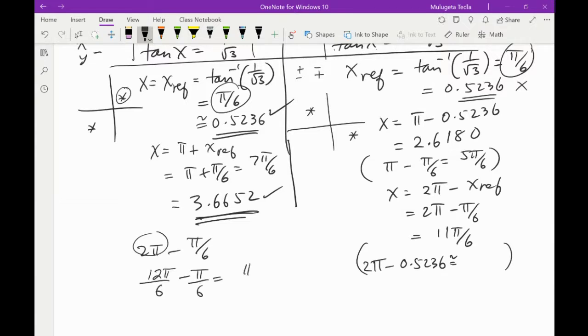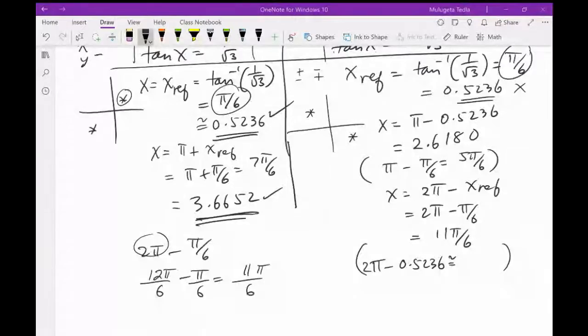So it is 11 pi over 6, or in decimals, 2 pi minus 0.5236. The angle is 330, right?